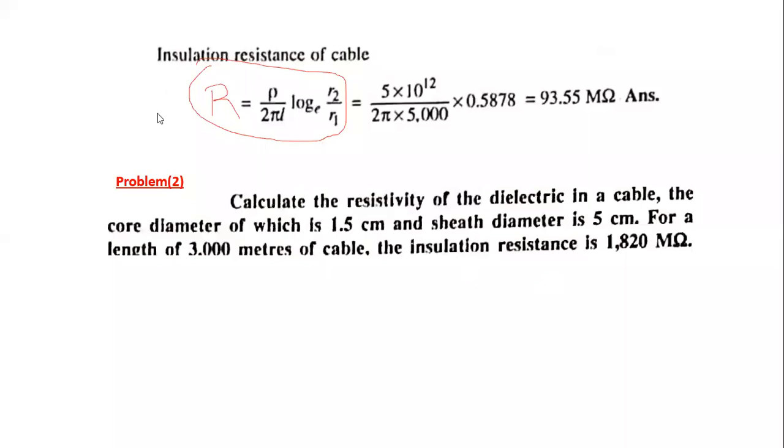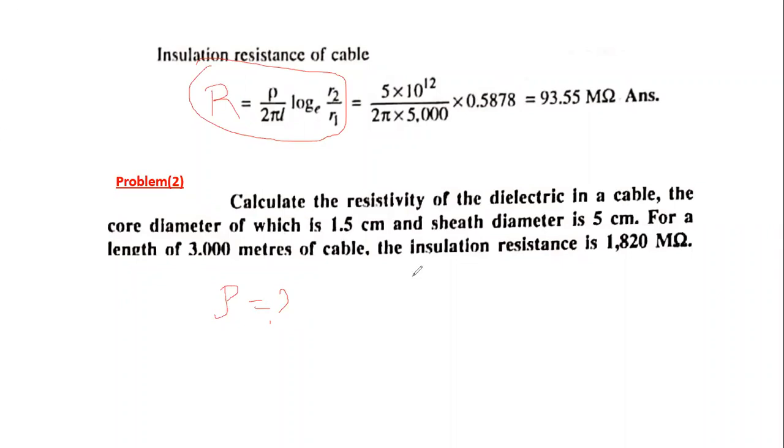What is the insulation resistance formula? First of all, what is the given data? First we calculate the resistivity, that is the specific resistance, rho.